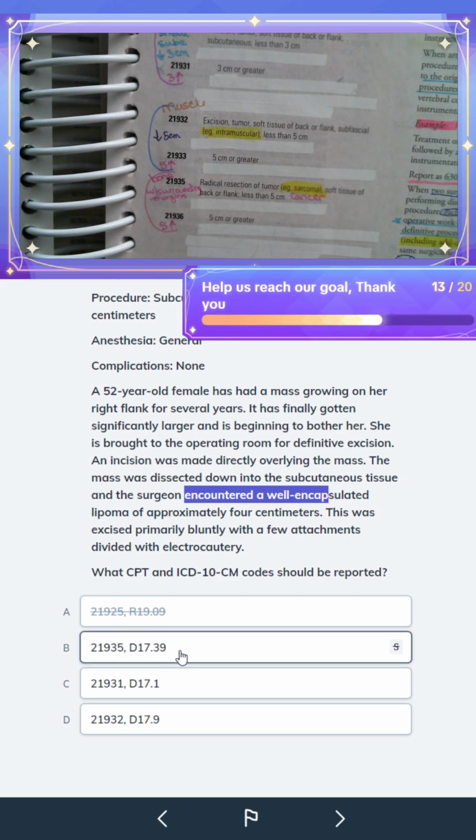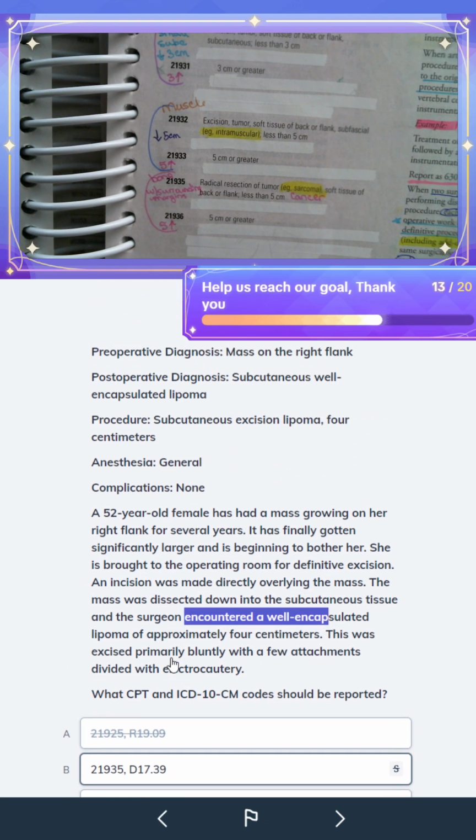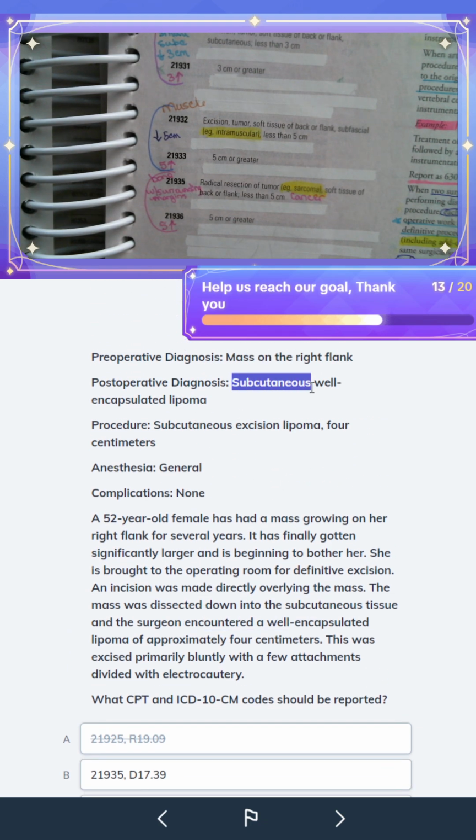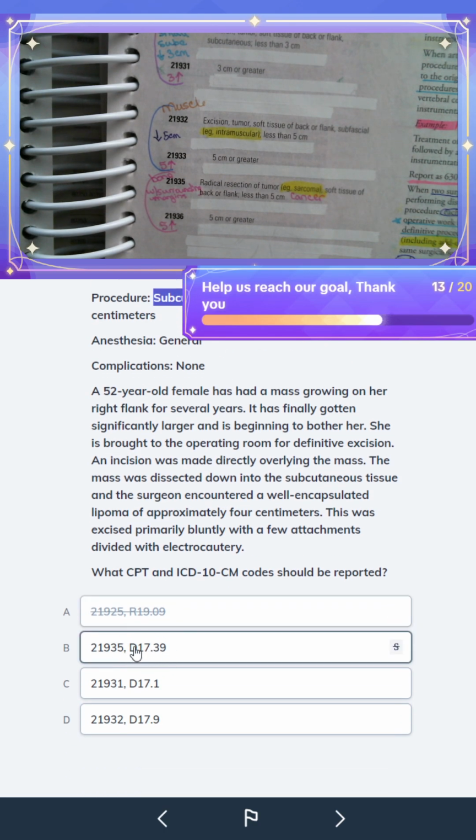B means that we hit bone. Did we hit bone? It says we did subcutaneous, and it says our procedure was subcutaneous. If it was B, we hit bone. C is subcutaneous. D is muscle. B is bone.